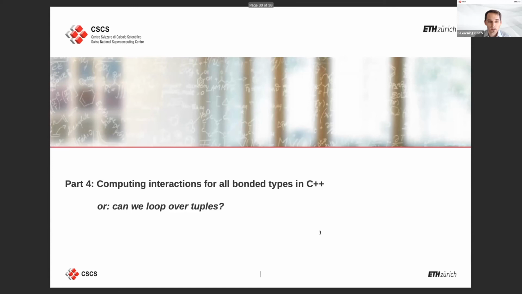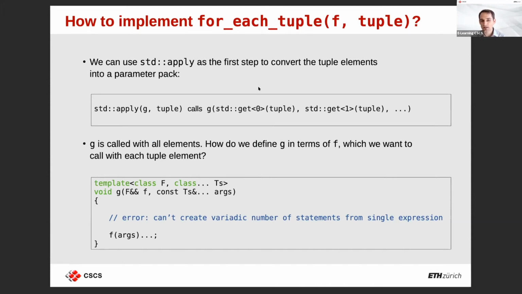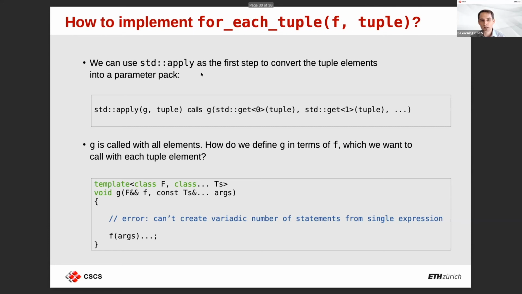And in the last part, I'm going to illustrate how that might be done. Since C++17, there's actually now a function called std::apply that we can use as the first step. And so what apply does is it simply takes a function and a tuple, and then the result is that the function g here will be called with all the elements of the tuple as arguments.